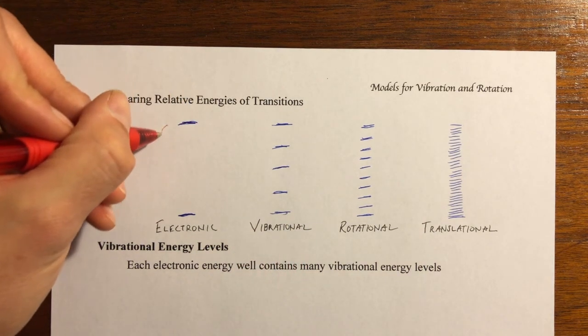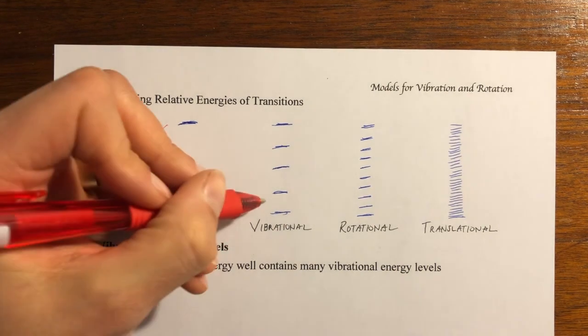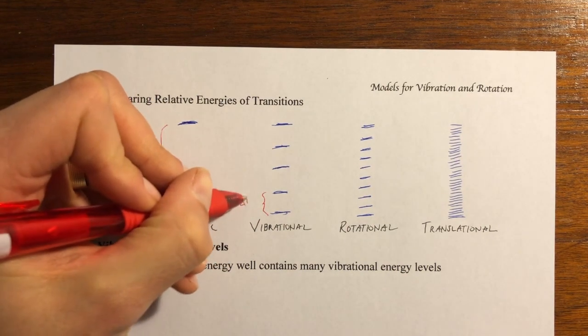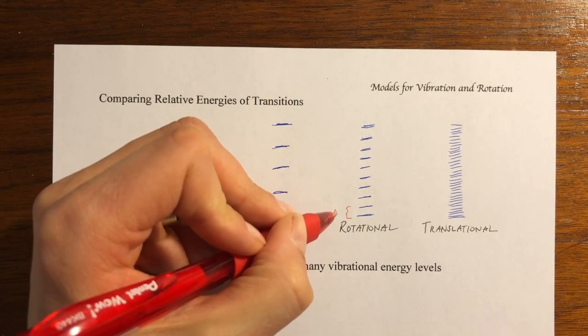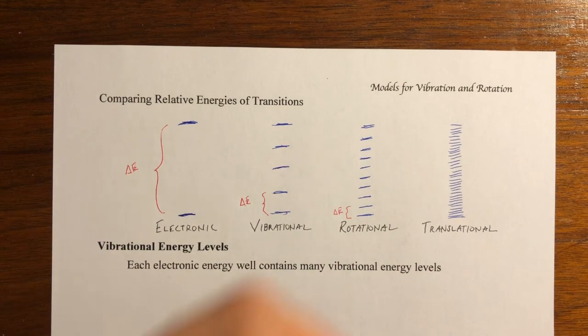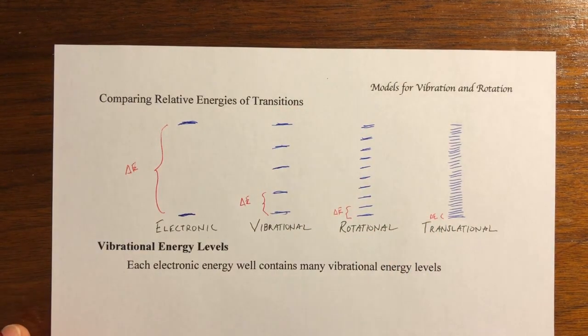So if we were to consider this big gap our delta E, it is getting smaller for vibrational. Rotational is even smaller, and translational is the smallest. A very, very tiny difference in energy.